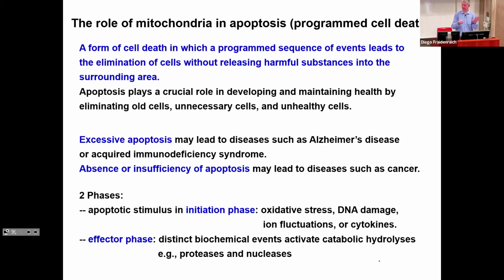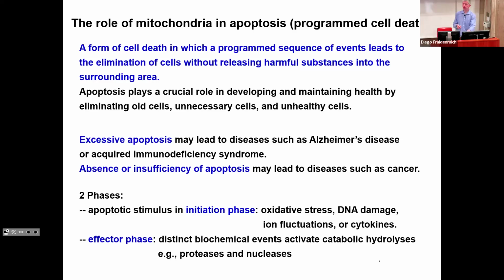There's also literature that you need a certain small level of ROS for normal function, but if this is an excessive amount, then we talk about oxidative stress. So if that cannot be repaired, or these ROS can't be deactivated by some enzymes, you would see induction of programmed cell death.